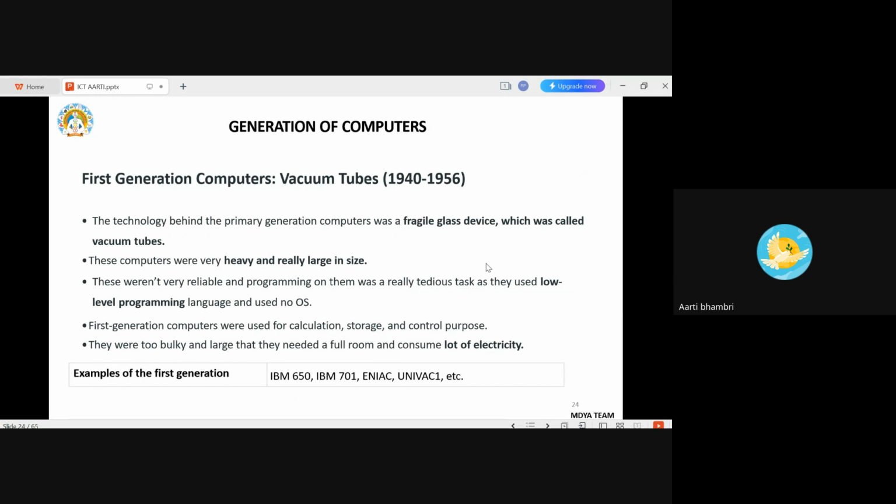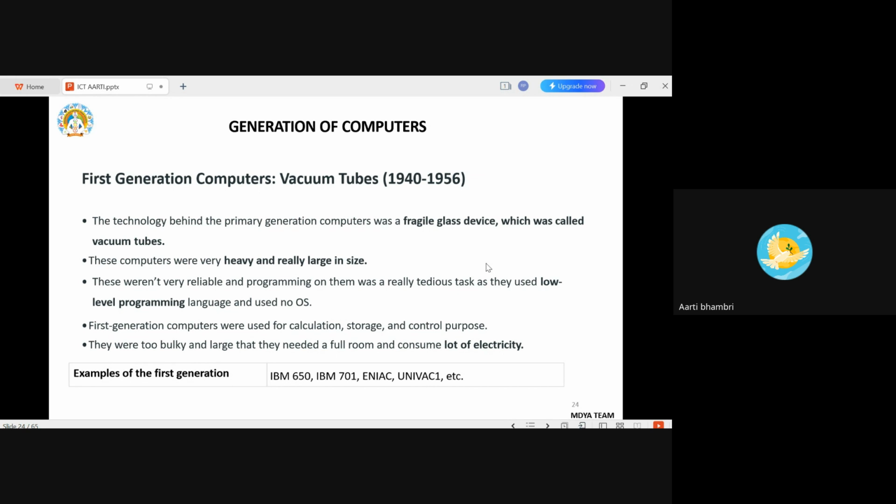In this slide I am going to tell you about the changes in microprocessor, the changes in their shape. The first main thing we are discussing in generations is their microprocessor. In first generation, what type of microprocessor was used, and nowadays what type of microprocessor is used.